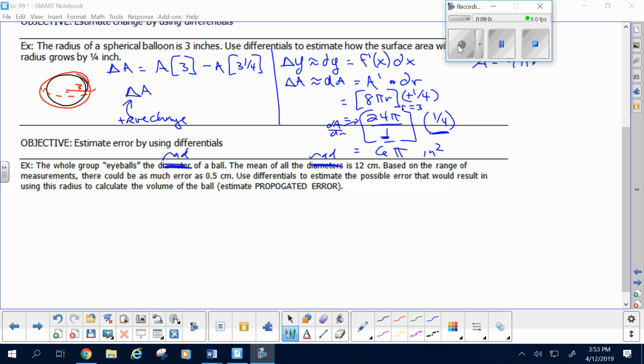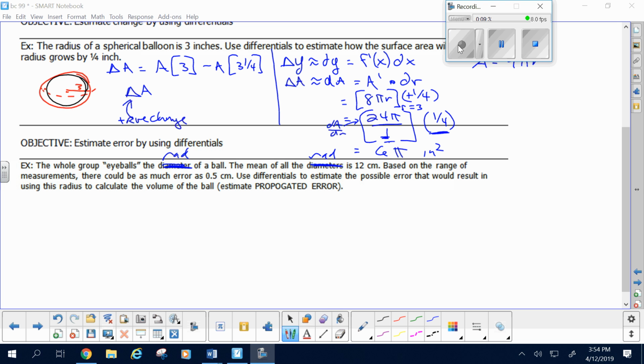If you then use that radius to make another calculation, say in the volume of the ball, well, because the radius had error, the volume could have error. Now the question then is to estimate how much your volume could be off because of that change in your radius.